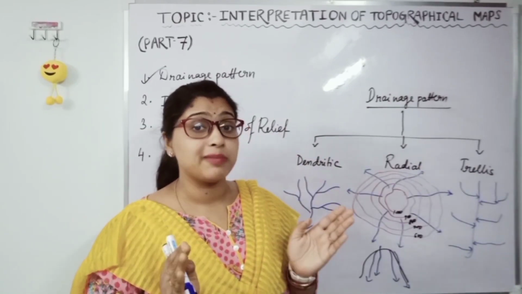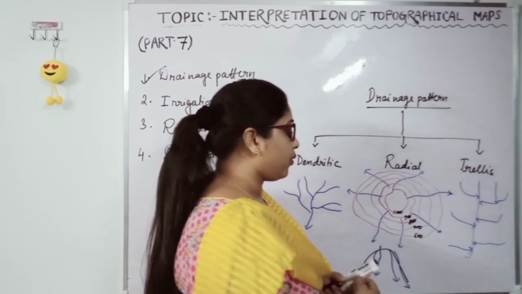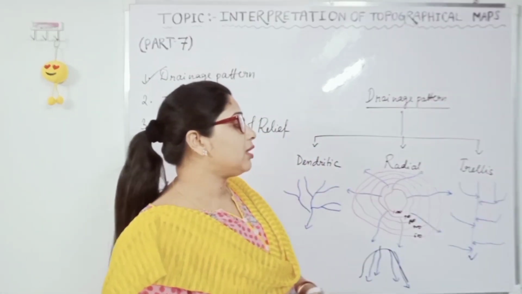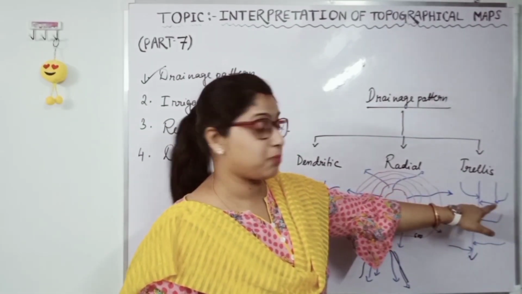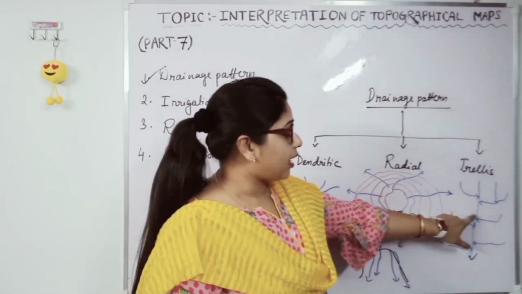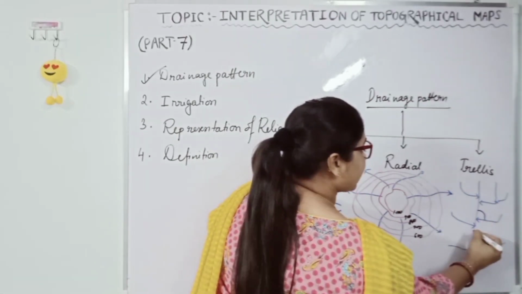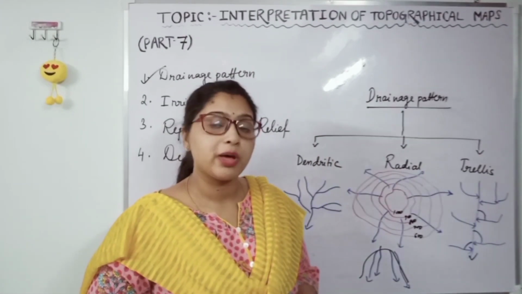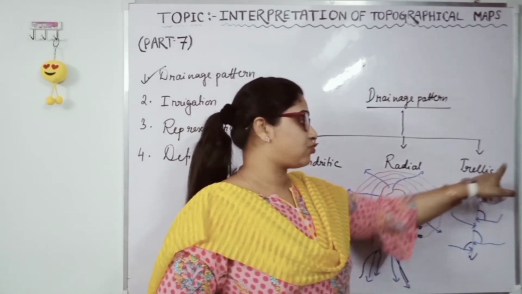Here it is most simple, because you will always see the main stream flowing, and all the other tributaries joining at the right angle. It means they form a 90-degree angle. They always join the main stream or main river in a right angle direction. This is known as trellis.